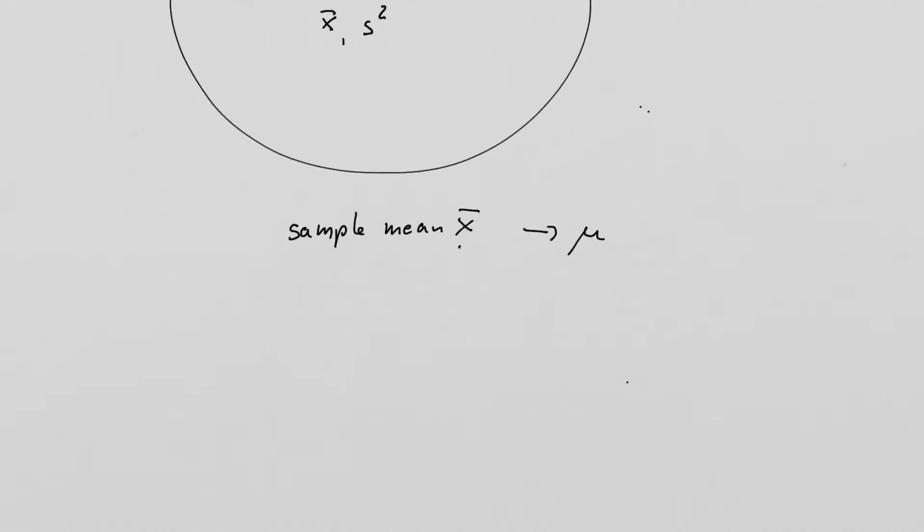Therefore, what we can say is that our population mean is somewhere within a certain range around the sample mean. And we usually indicate that by x bar plus minus the margin of error.